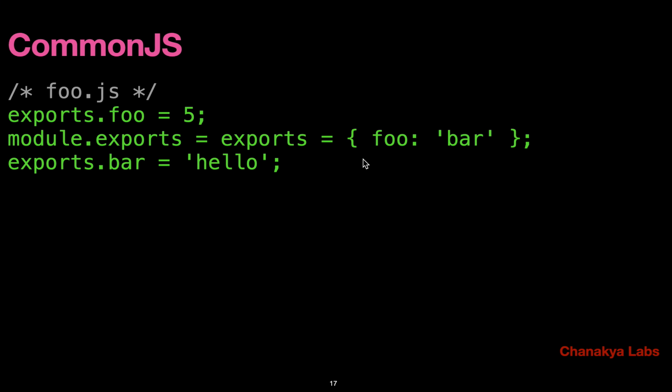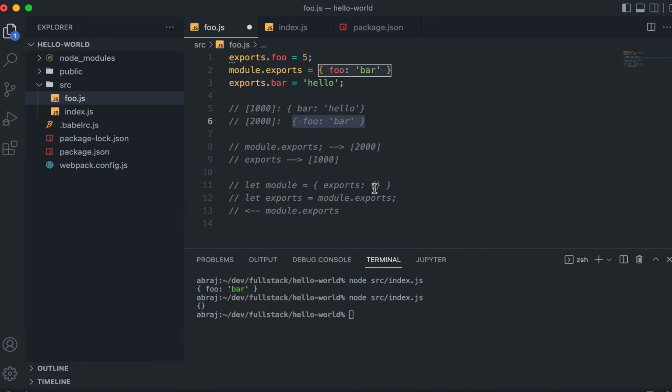So let's see a few more examples. exports.foo is 5 and module.exports is equal to, yeah, so this is the solution to this.